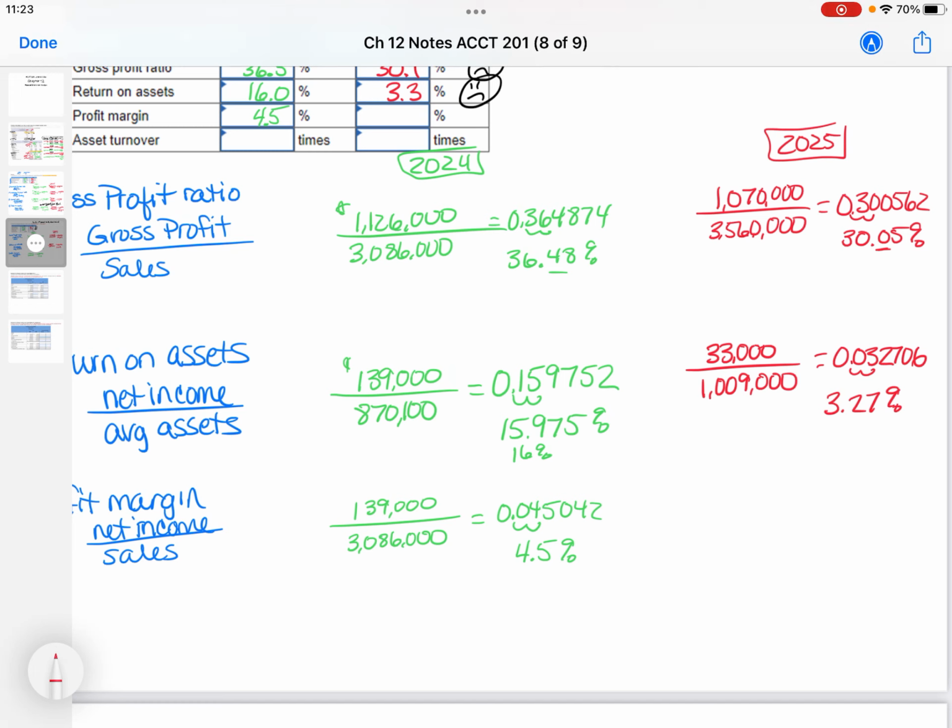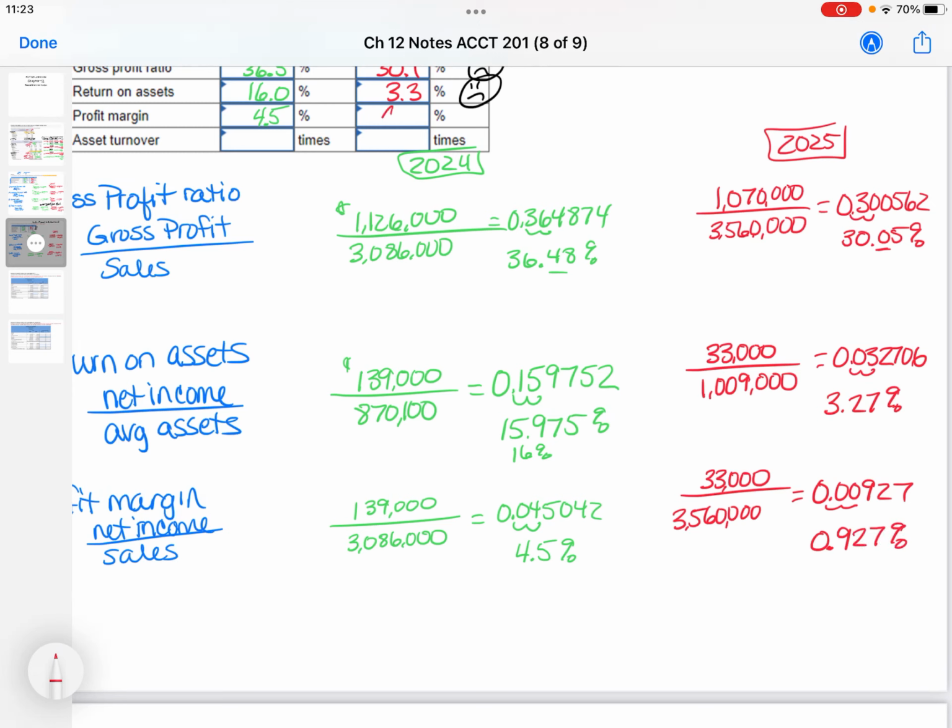Now that's not as bad as the current year. So when we look at the current year number, taking net profit and dividing it by net sales, this number gets even smaller. So we end up with 0.927%.